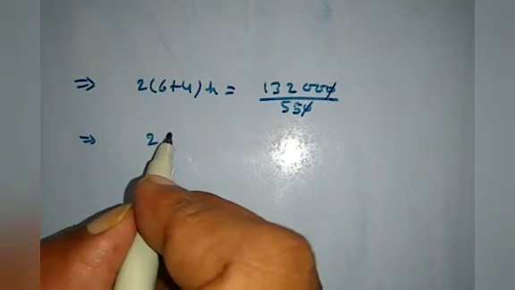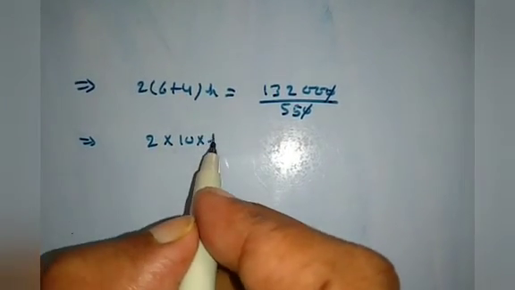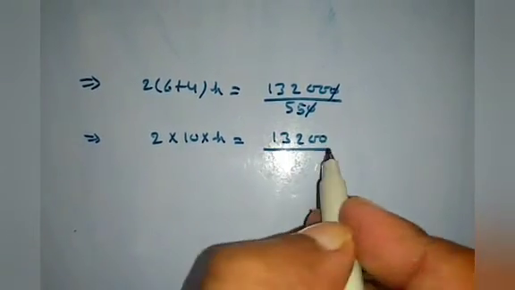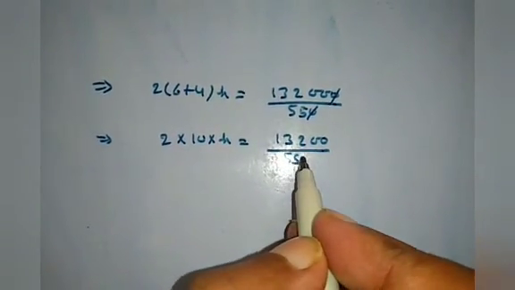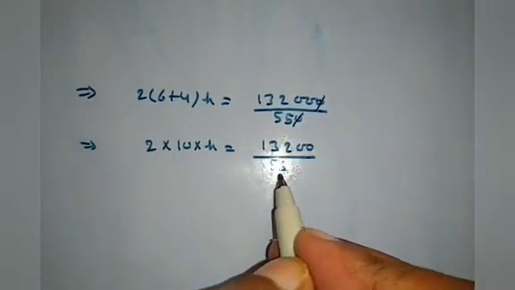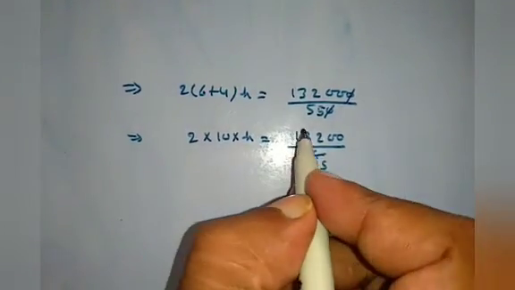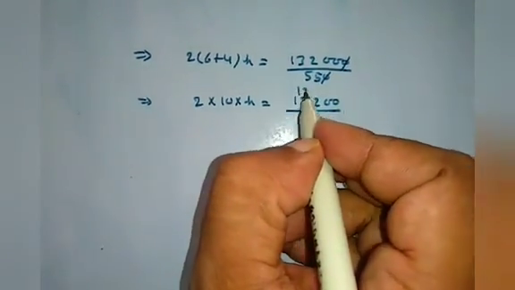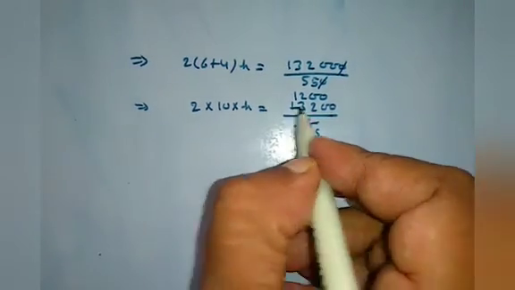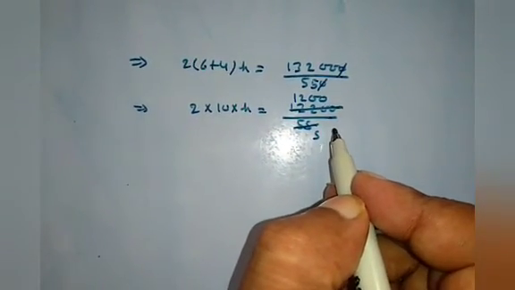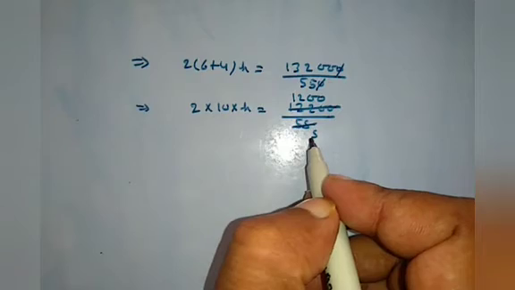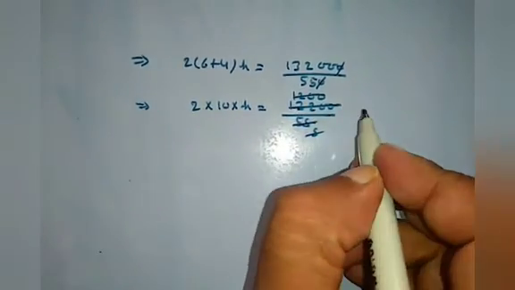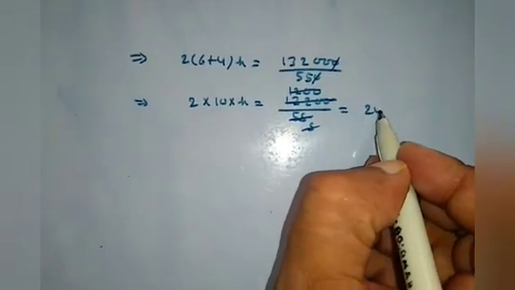So 2 into 10 into h equal to 13200 divided by 55. 55 is divisible by 11, 5 times, and 132 divisible by 11, 12 times, and putting 20 here, and after dividing 1200 by 5 we get 240.